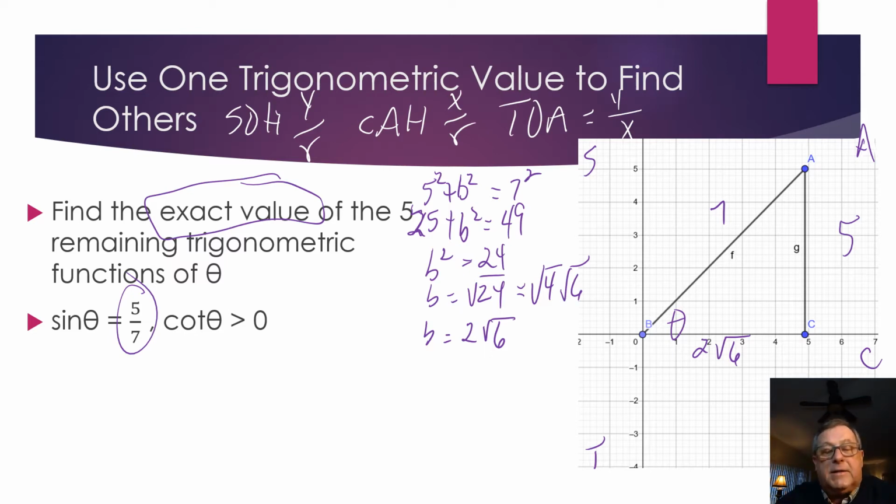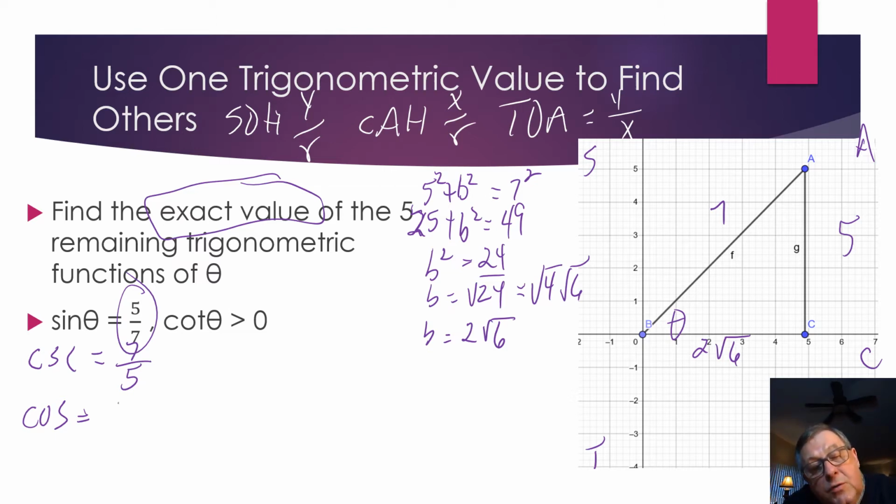All right, well, now let's get on with my other 5 functions. Well, my cosecant is just going to be simply the reciprocal of the sine function, so it is going to be 7 over 5. Now, what about my cosine? Well, my cosine is going to equal adjacent over hypotenuse, or the x-coordinate over the radius.